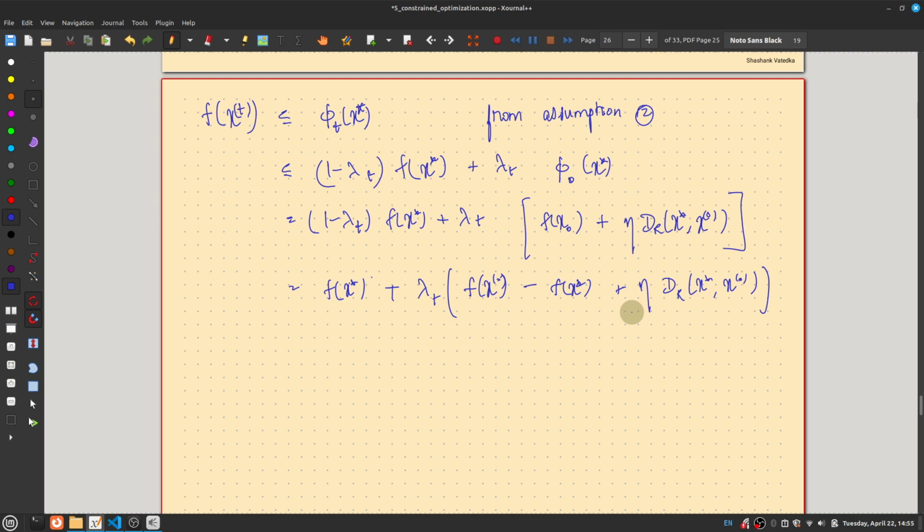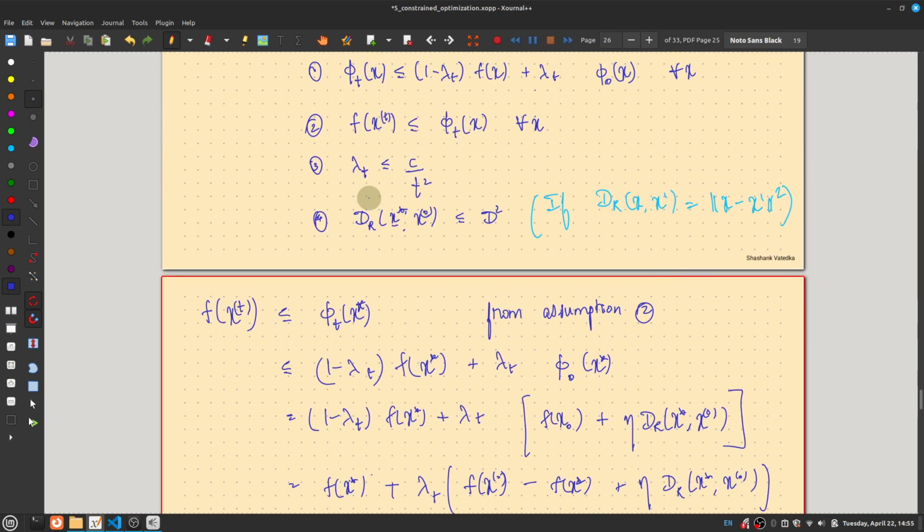Okay, so I want to express this as f of x star plus some quantity, and I want to bound this particular quantity in terms of the parameters that I already have. So I want to bound f of x naught minus f of x star. I know that this quantity is already upper bounded by d square because that's my assumption. That was assumption 4.